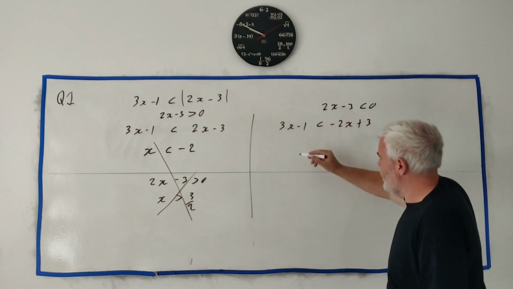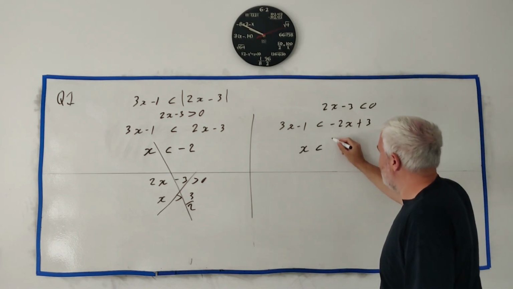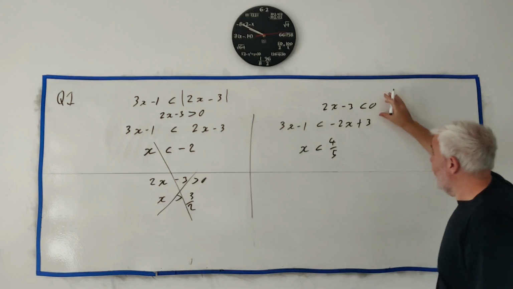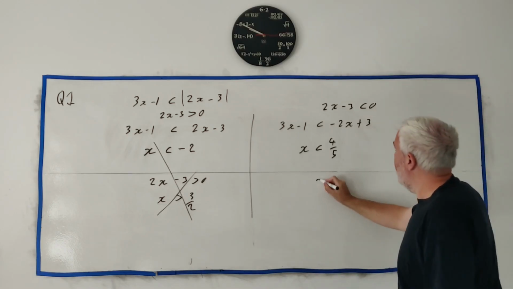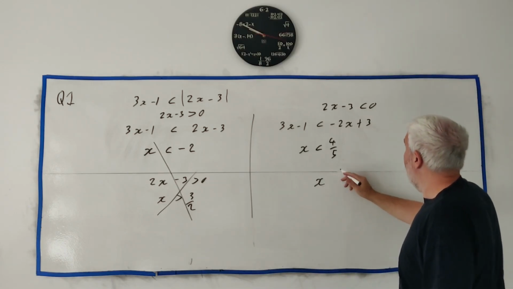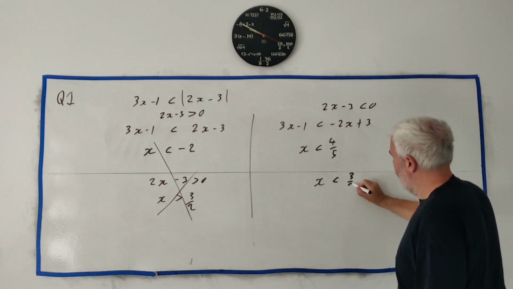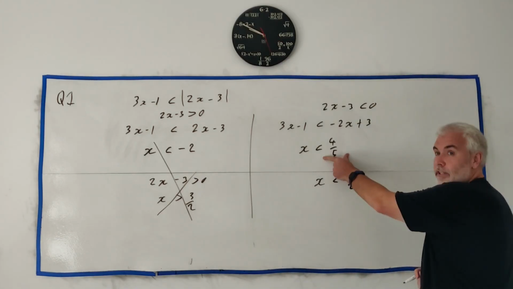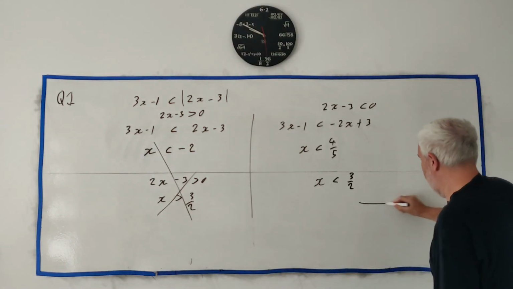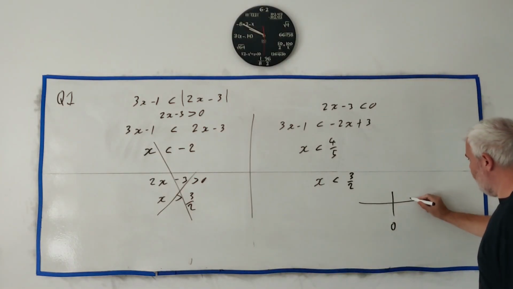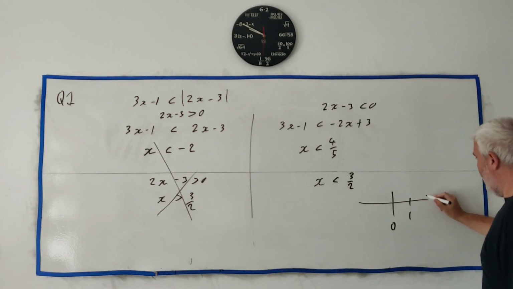To do this one, it's just like we did here. We'll get x is less than 4 over 5. And let's check what world we're in. We're in the world where x is less than 3 over 2, which does agree with this. Less than 3 over 2, just in case you don't believe me, there's 1 and there's 2, 1.5 is here.